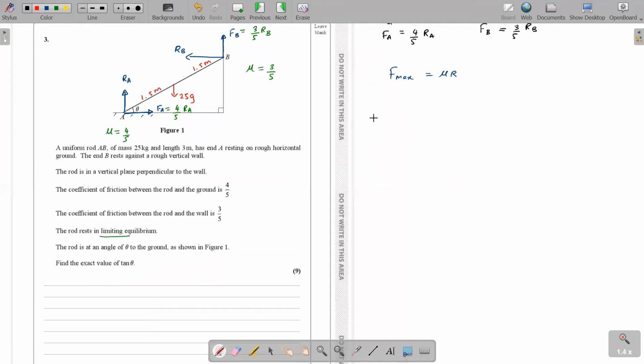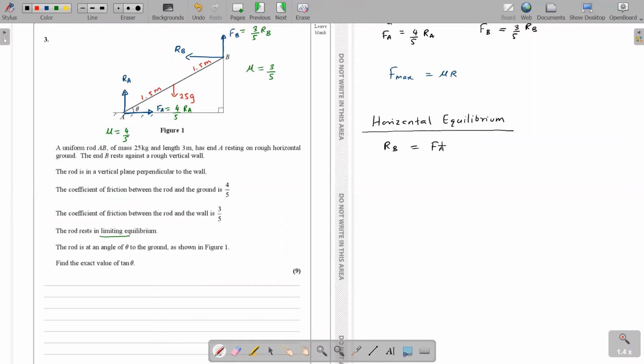Let's apply horizontal equilibrium. When I try the horizontal equilibrium, what do I get? Normal reaction B is acting to the left and friction A is acting to the right.